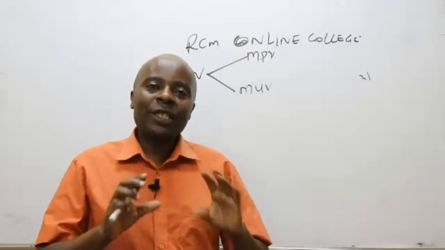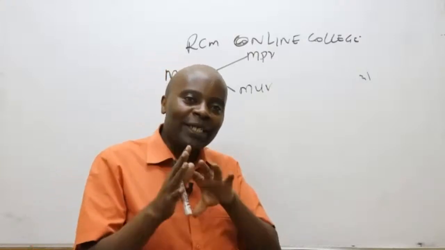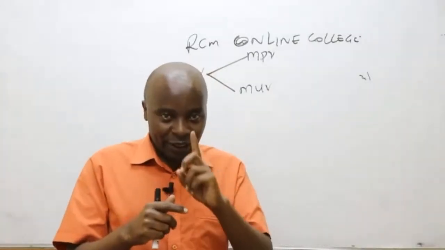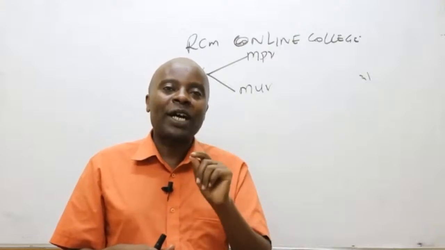Now, I would want to see whether my students, especially the Section 5 students, have been reading these variances since we did the topic. Who is able to remember the formula of material price variance?